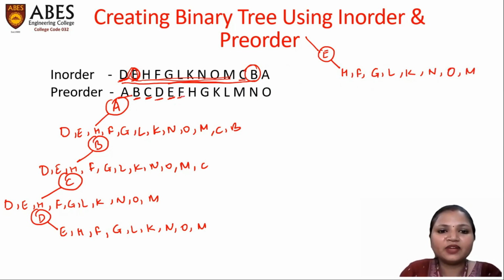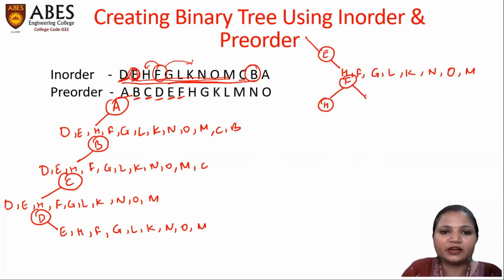Fine. Now the next traversed element is F. So F comes over here. Now check. On the left hand side there is H, and the rest of the elements are on the right hand side. So H will come on the left hand side and all the rest will come on the right hand side. So F, what remains?